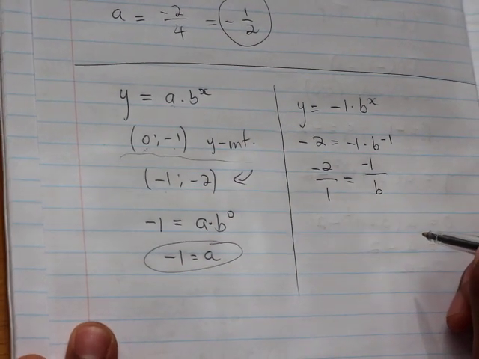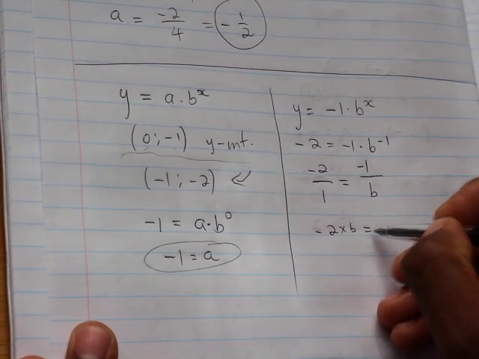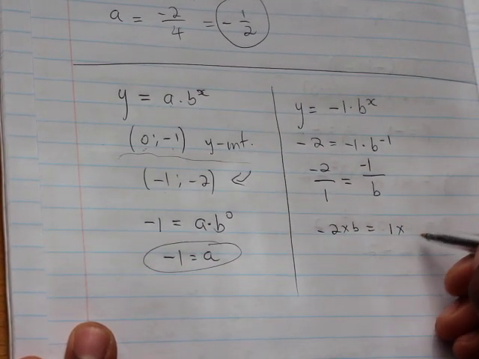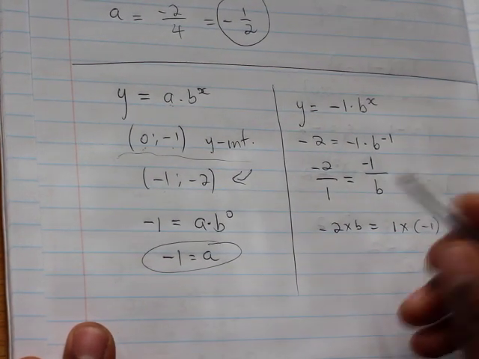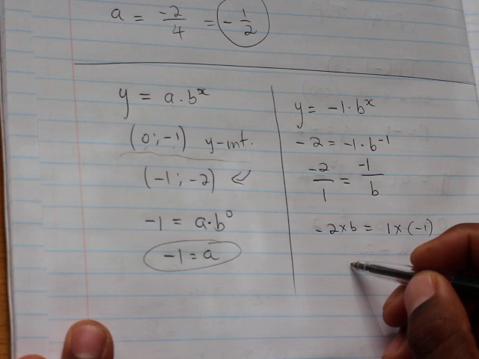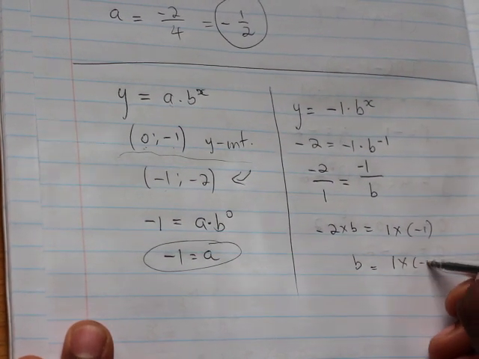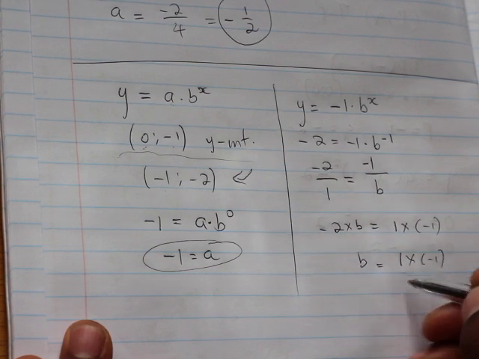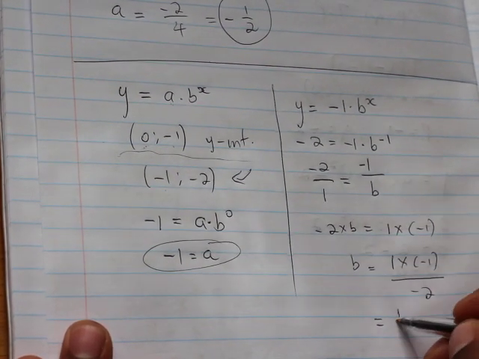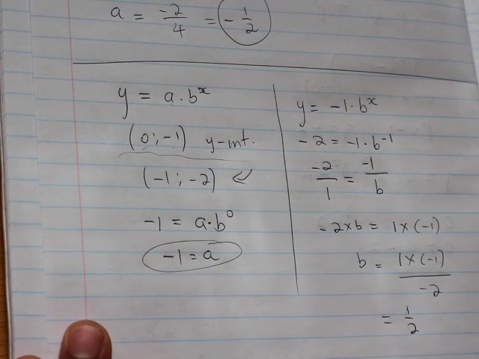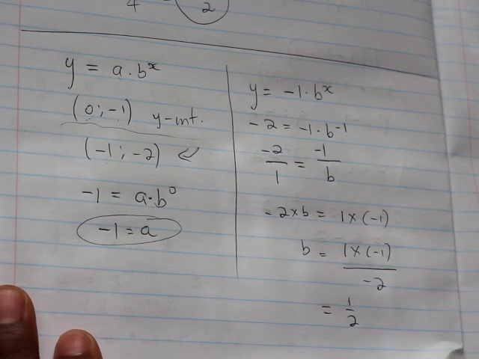So let's cross multiply: -2 times the b, because in order to cross multiply, everything needs to be in fraction form on the left and on the right. That's grade 9 work. And then b is just 1 times -1 divided by -2, which is just 1 over 2. All right, so we're done with our problem.